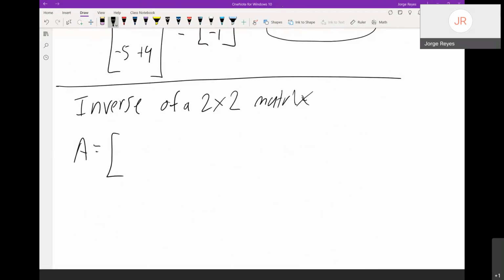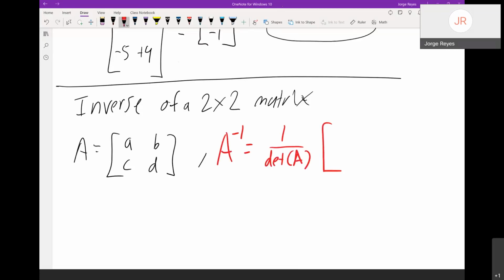If I have a matrix A, B, C, D, the inverse, A inverse, is going to equal 1 divided by the determinant of A times D, negative B, negative C, A. So all I have to do is swap these two and put minus signs here, and then I have this thing. Not that hard.